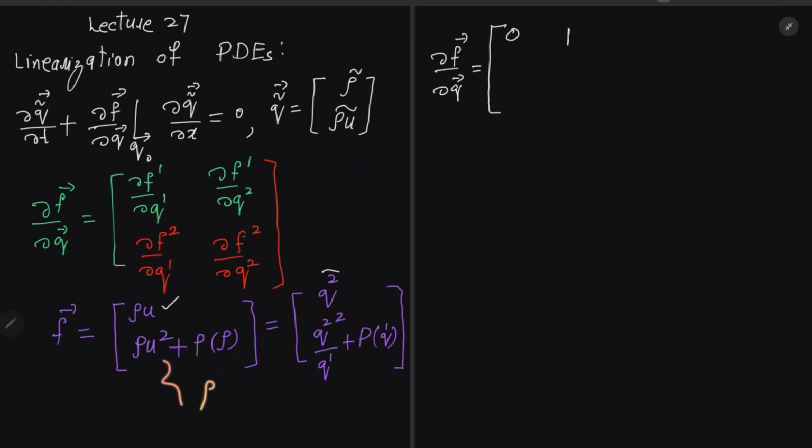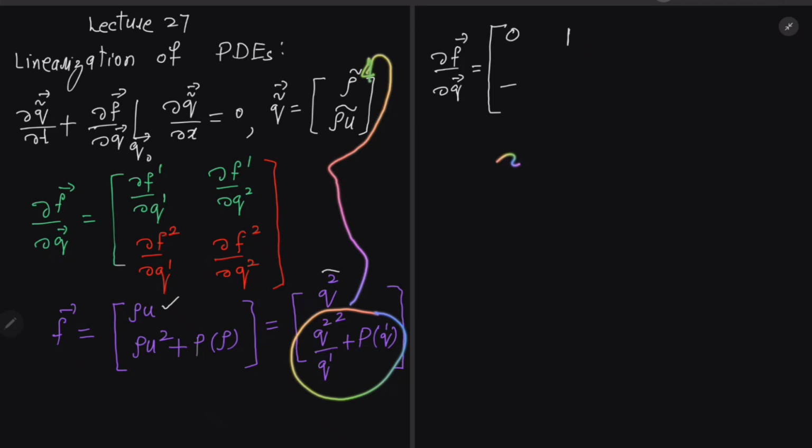This is f2. Since you are taking a derivative of f2 with respect to q1, you transform f into q. So that becomes minus, you are taking the derivative of the second quantity with respect to q1. Maybe I write this q vector to memorize it, q1 and q2.